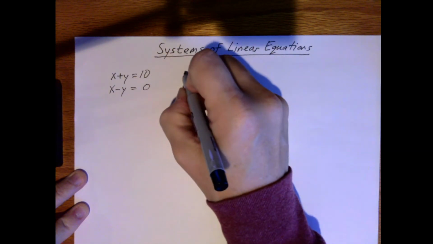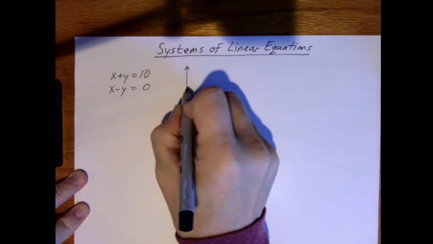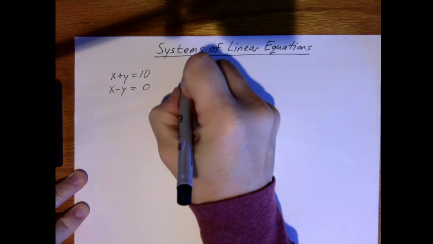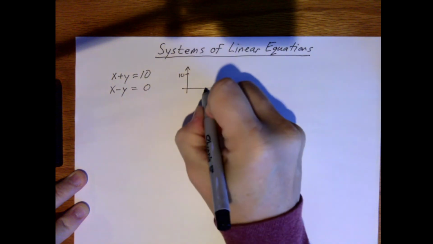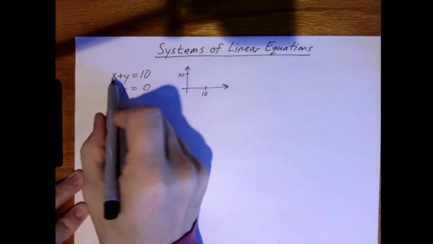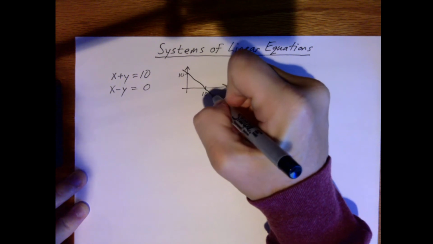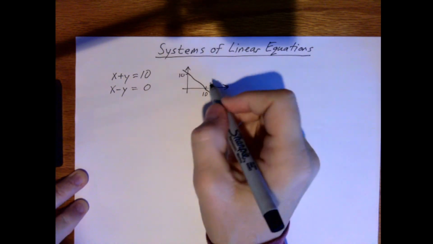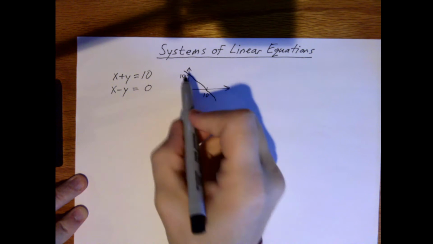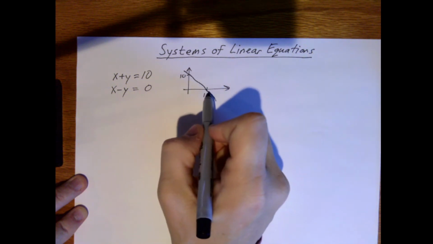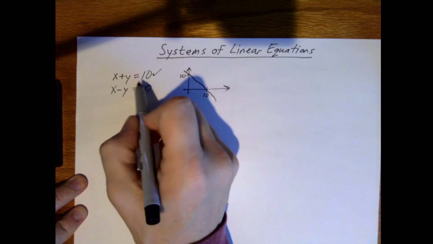Now, if we were to plot this particular system of equations, there's 10, there's 10. If we take the top equation, and assume I could draw that straight, we have that line, and every point on this line satisfies this top equation, right?